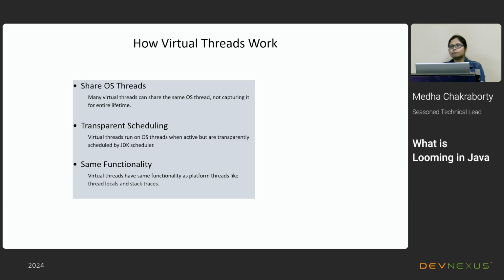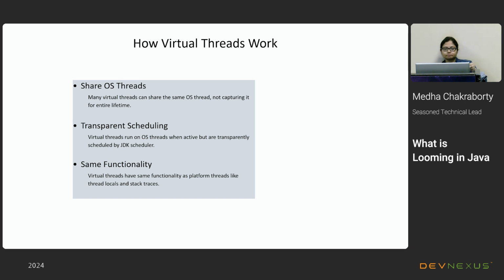So we will go a bit deeper to see how virtual threads work. There are 3 points. First, they share OS threads. Many virtual threads can share the same OS thread, not capturing it for its entire lifetime.